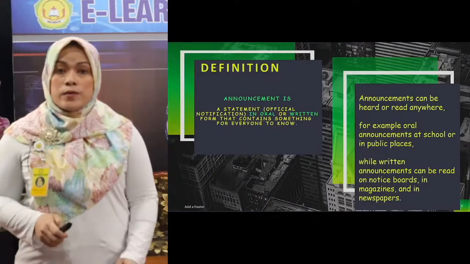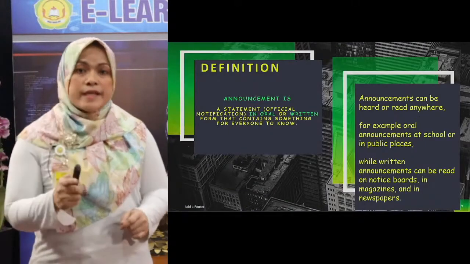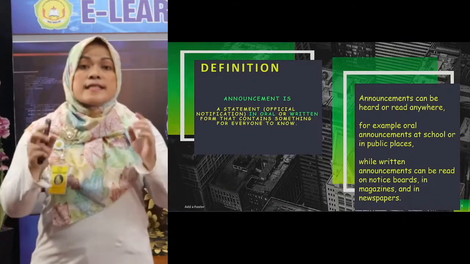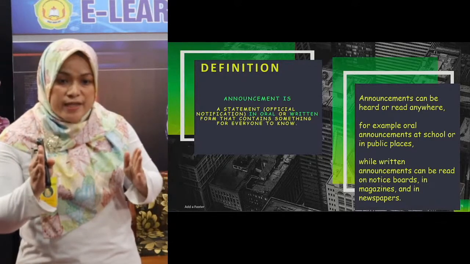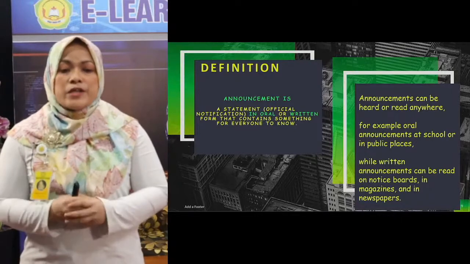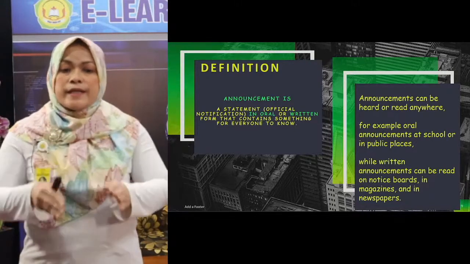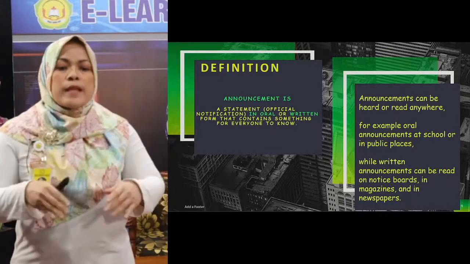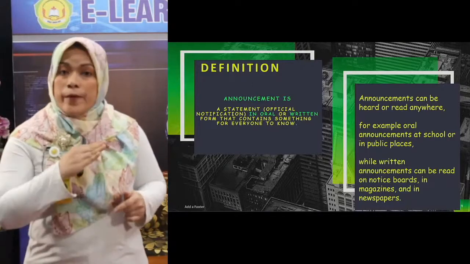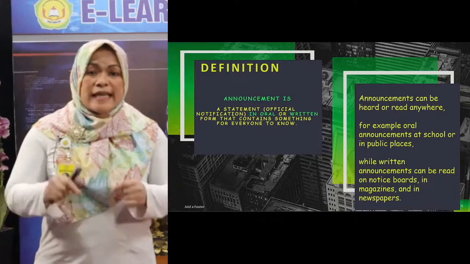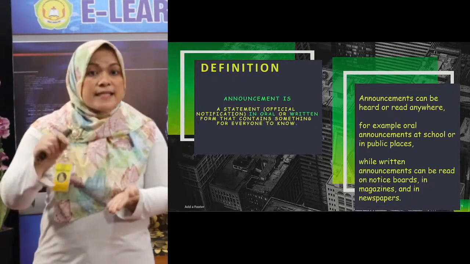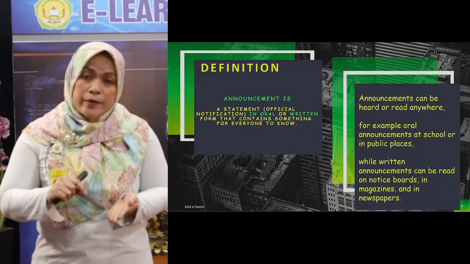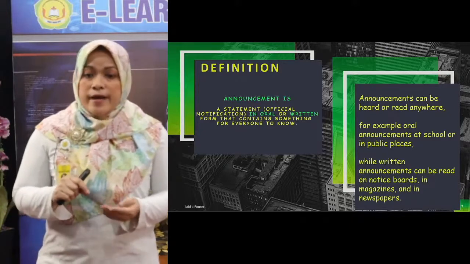There you go. The definition of the announcement itself is a statement or notification, a kind of official notification in oral and written form that contains something for everyone to know.